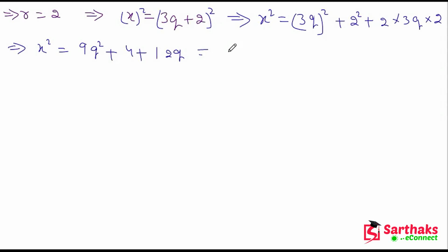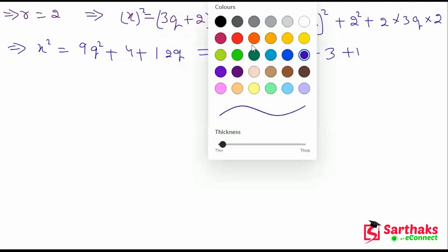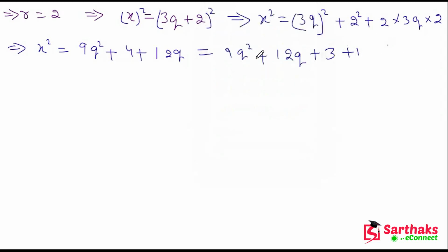Now we can write this also as 9q square plus 12q plus, we can write 4 as 3 plus 1. Now we have to take the common from these three terms.